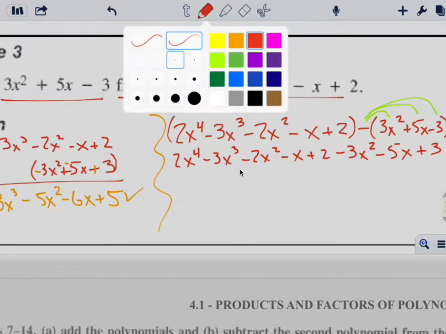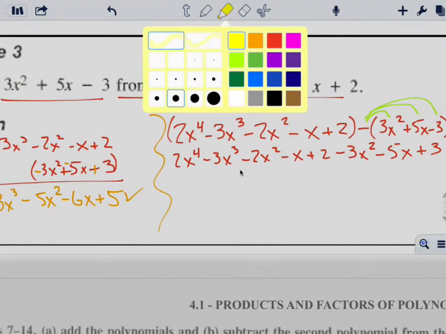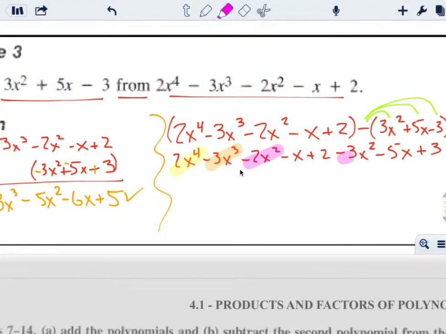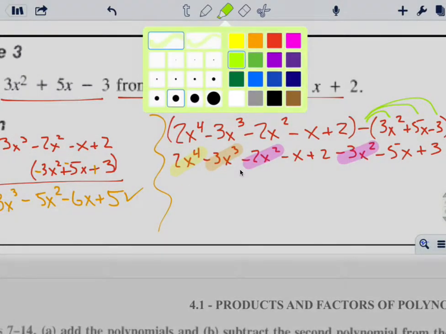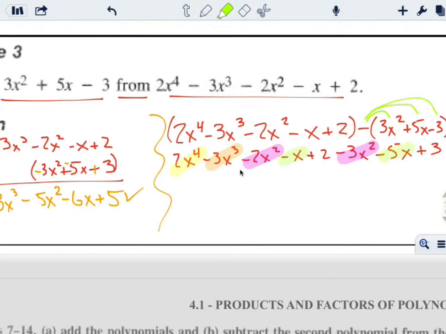And then we combine our like terms. Like terms, that's by itself. That's by itself. Negative 2x squared, negative 3x squared. Negative x, negative 5x. Positive 2, positive 3. And if we add those together, we get 2x to the 4th minus 3x cubed.